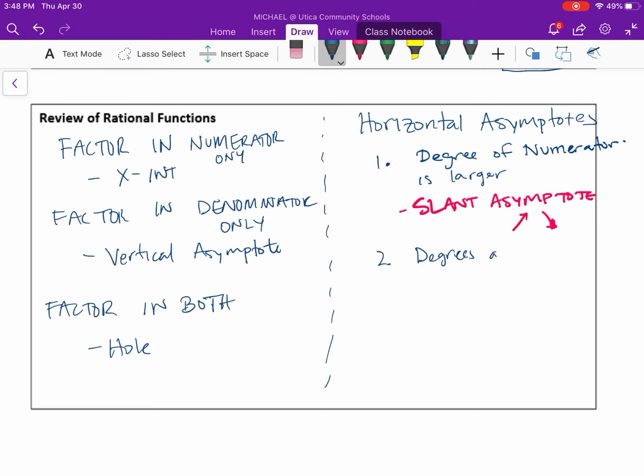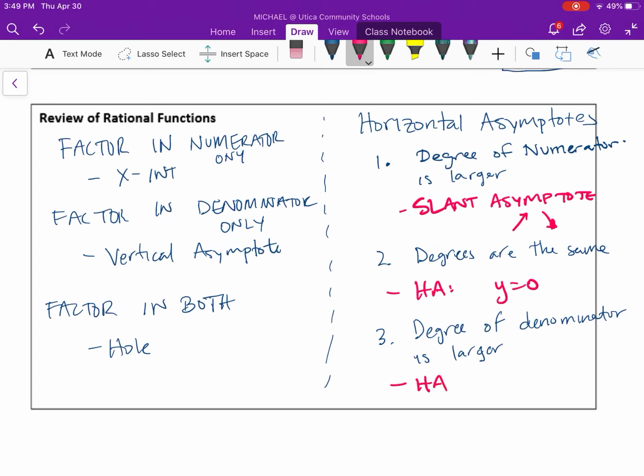If the degrees are the same, then I have a horizontal asymptote that comes from the leading coefficients. And the third case is when the degree of the denominator is larger.